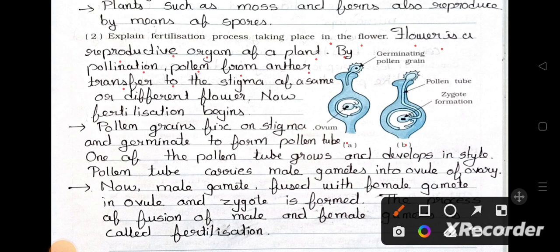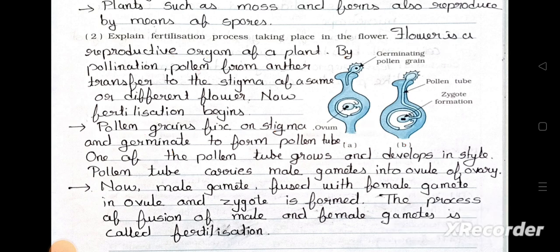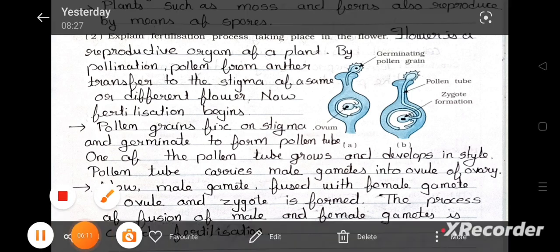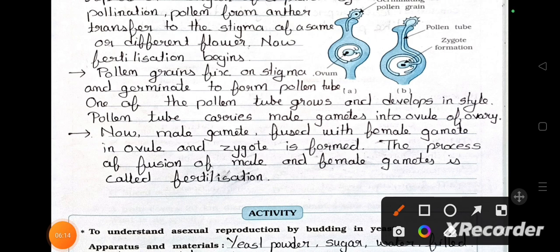Now fertilization begins. Pollen grains fix on the stigma and germinate to form a pollen tube. This one is the pollen tube. It carries male gametes into the ovule of the ovary.